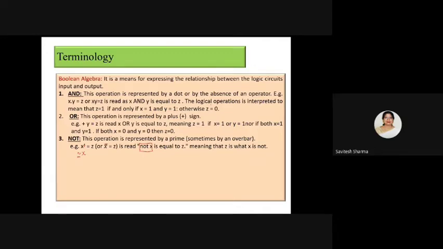If suppose X is 0, Z is not 0, Z is 1. So X is not equal to 1, so Z is equal to 1. If X is equal to 1, Z will be 0. That is showing that Z is what, X is not.